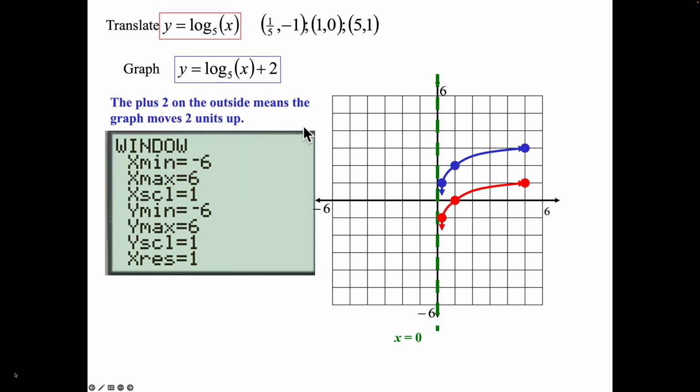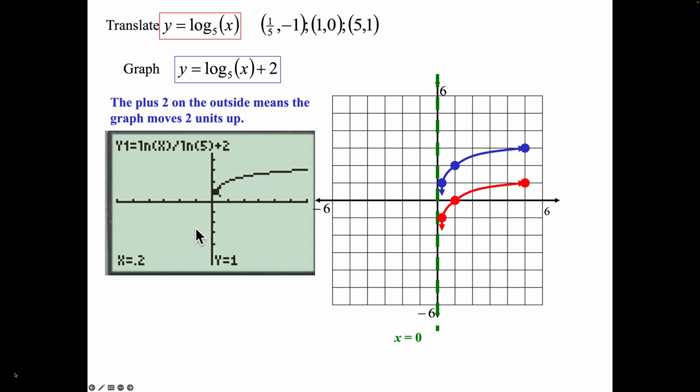Change your window so it matches x min negative 6, x max positive 6, y min negative 6, y max positive 6. Leave everything else alone. I graph it, and there's my graph.